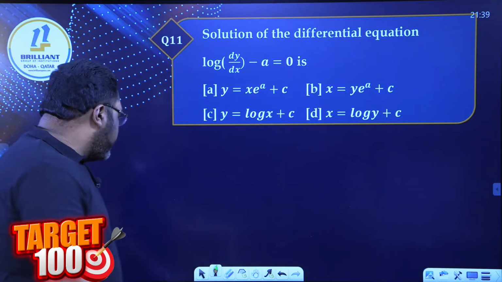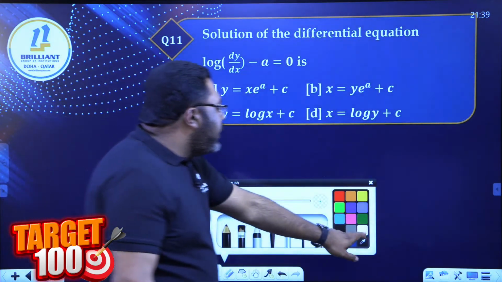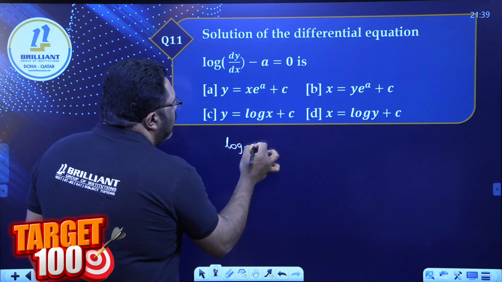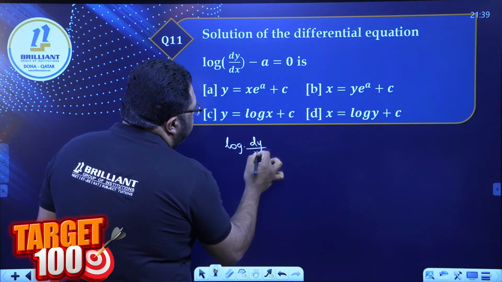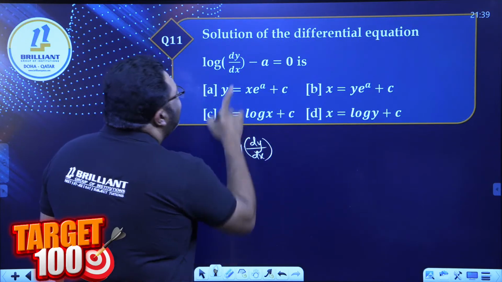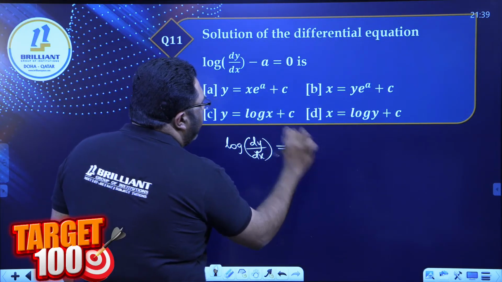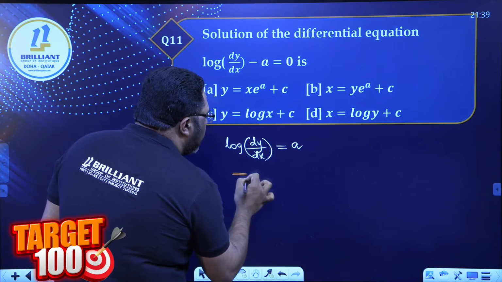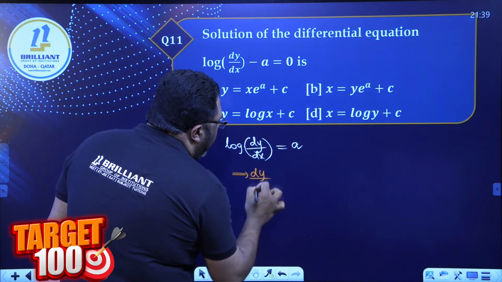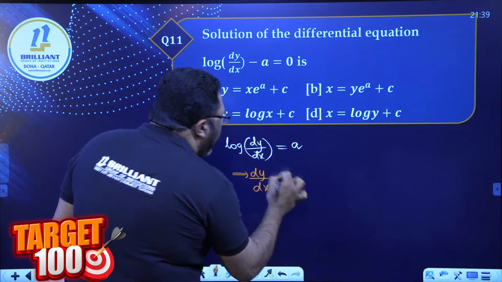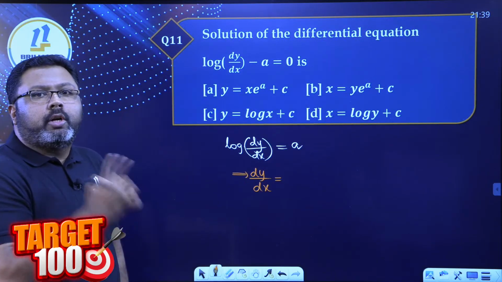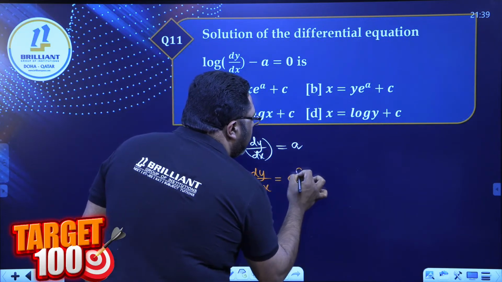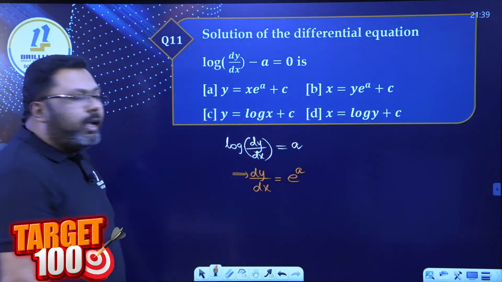Solve this differential equation. Again, sticking to these basic questions, I want to solve these differential equations. Log of dy by dx minus a is equal to 0, so it's equal to a. Now can I say this is dy by dx? If I invert the log, I will get the exponential form, e raised to a.